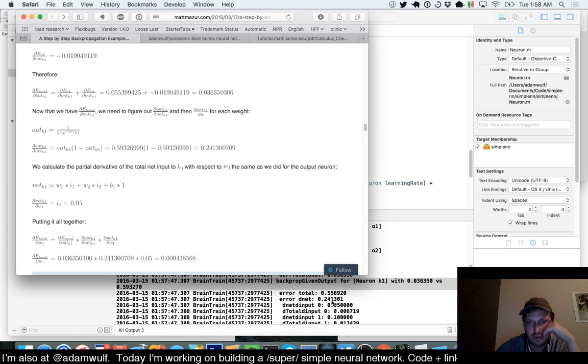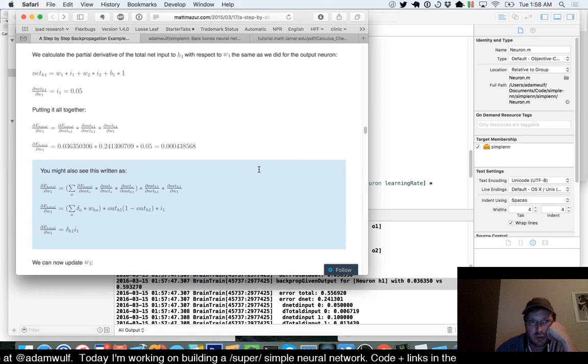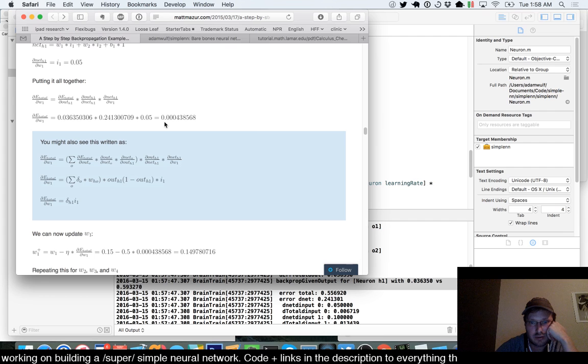So we got the 0.2413. Good. So we calculate the partial derivative of the total net to H1 with respect to W1. And that is going to be 0.05, which we got.